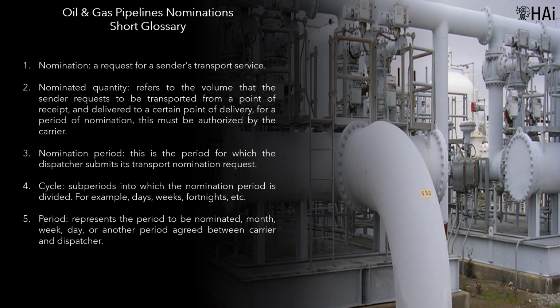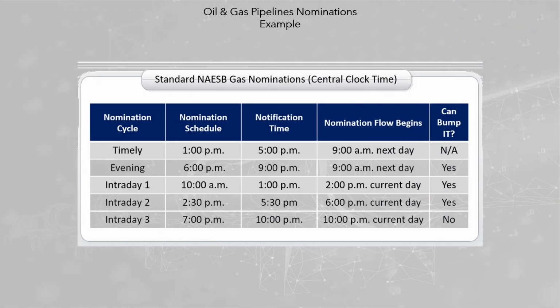Nomination period: the period for which the dispatcher submits its transport nomination request. Cycle: subperiods into which the nomination period is divided, for example, days, weeks, fortnights, etc. Period: the period to be nominated, month, week, day, or another period agreed between carrier and dispatcher. The image shows an oil and gas pipelines nomination example.